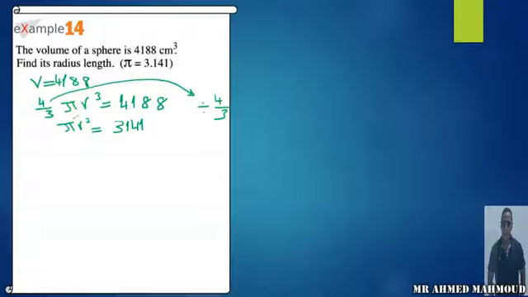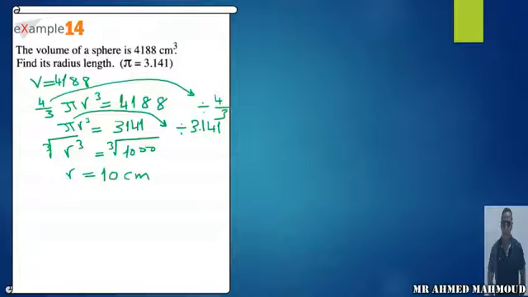Now I'm going to send pi to the other side with division. Here we have pi equal to 3.141. Then r to the power of 3 equals 1000. Now I'm going to take the cube root of both sides. Then r equals 10 centimeters, and this is the radius length.